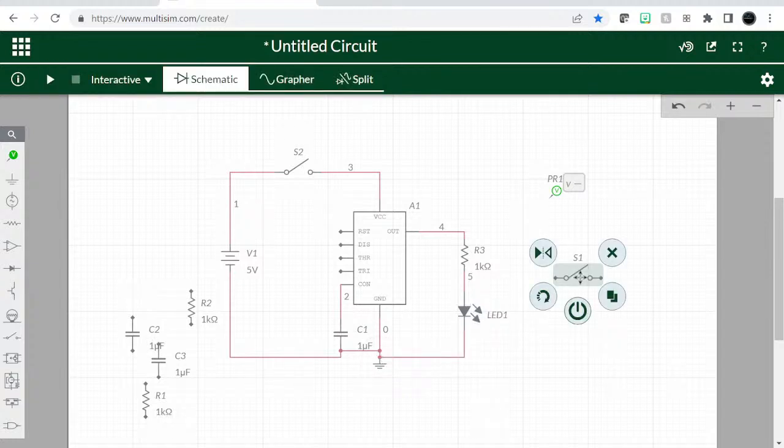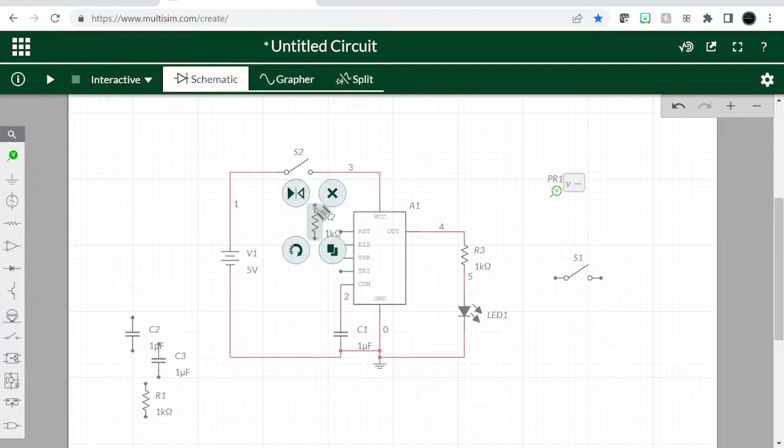Okay, and I need a resistor here to power supply. All right, let's move the switch a little bit, because I'm gonna put 2 resistors so they're not too close to each other.